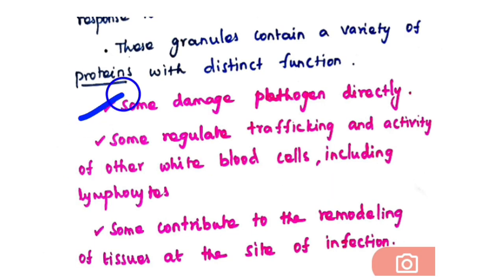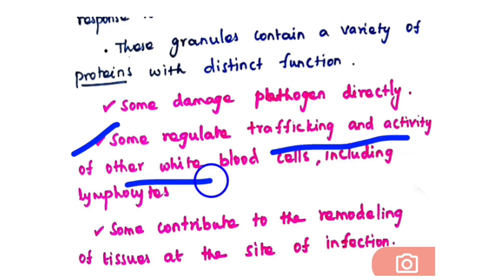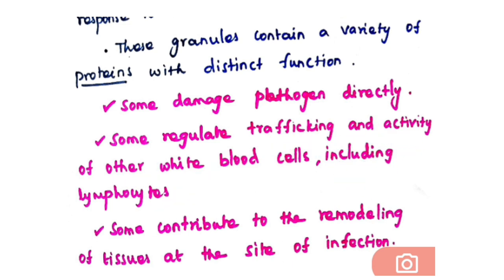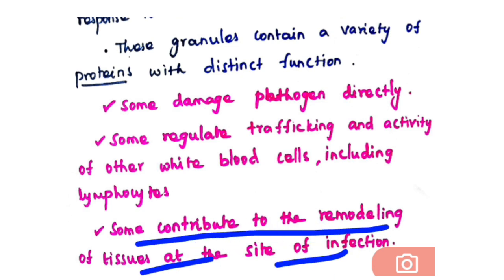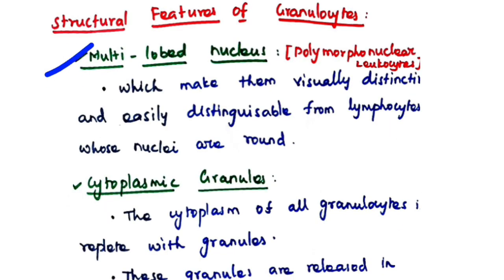Some proteins damage pathogens directly, and some regulate the trafficking and activity of other white blood cells, including lymphocytes. They activate lymphocytes and attract lymphocytes to the site of infection. Some contribute to the remodeling of tissue at the site of infection. So the multilobed nucleus and cytoplasmic granules are the general structural features of granulocytes.